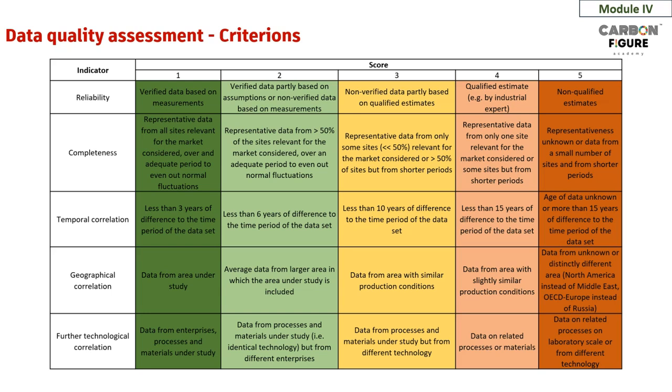By giving different scores based on different criteria to each of the data that we model into our LCA, we can come up with some overall data quality for our available data, right? When we declare these in our LCA reports, we need to deal with foreground data and background data separately. These are the foreground data and these are the data quality declarations, qualitatively, right?